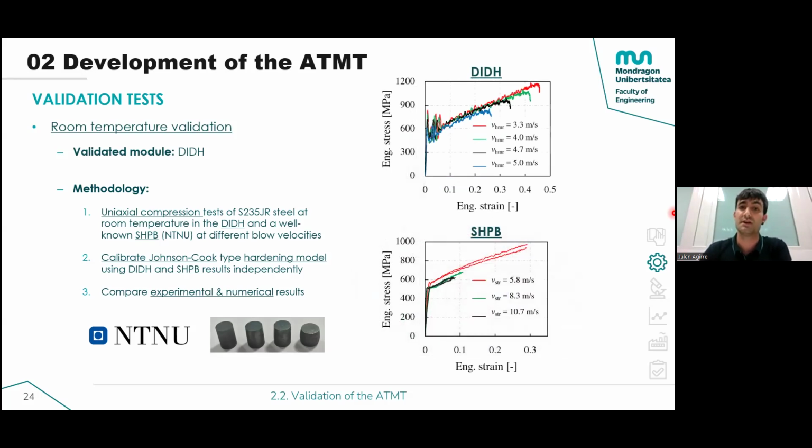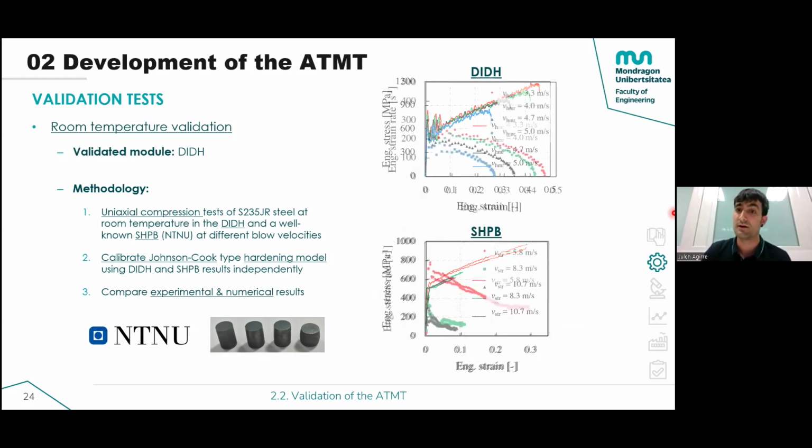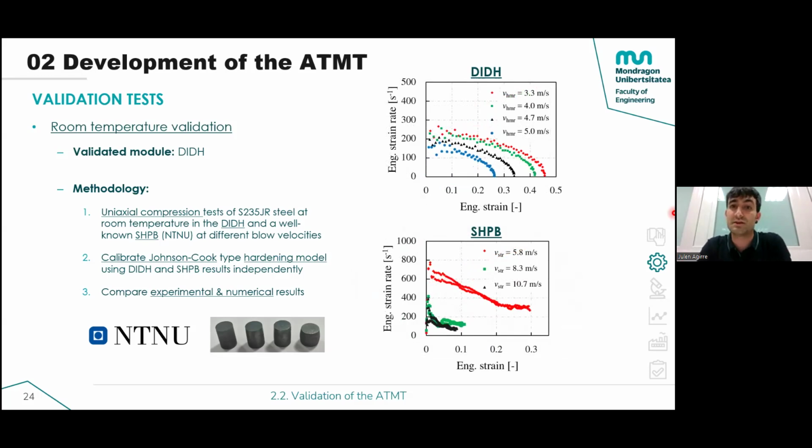Here you can see the engineering stress-strain curves at different velocities in the hammer and the Hopkinson pressure bar. Interestingly, in the tests in the direct impact drop hammer, we reach a high strain level even at intermediate strain rates.